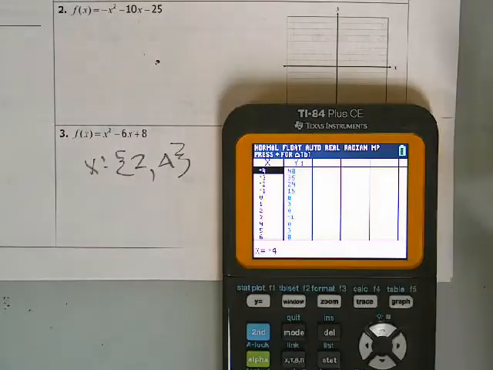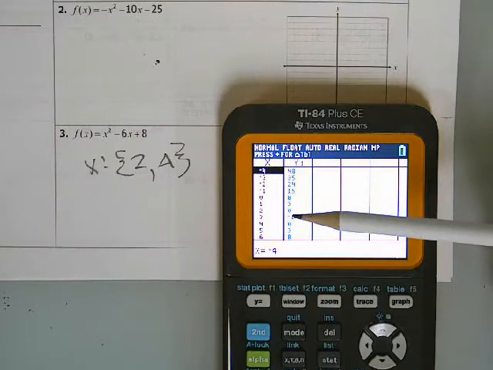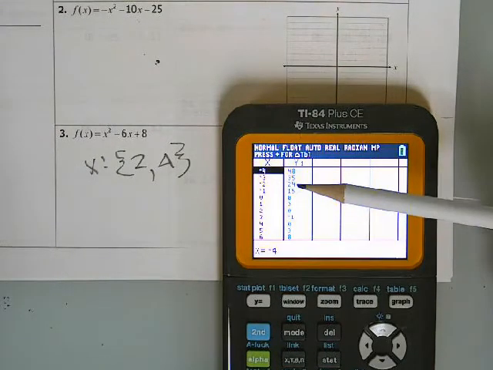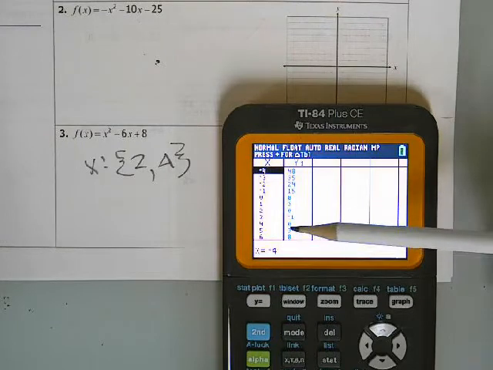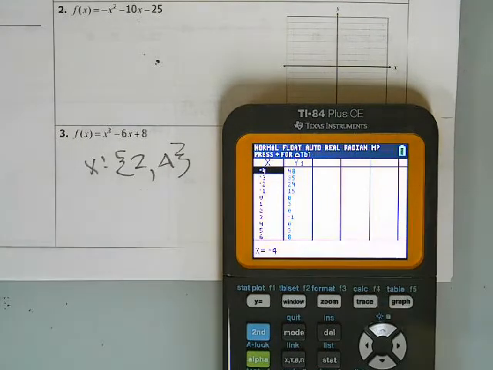If you look here, where this is x, where the y is 0, there's a 2. Where the y is 0, there's a 4. So it's not hard to solve this way if there's a real solution. And it's an integer value. If it's fractional, you can see kind of where it is.